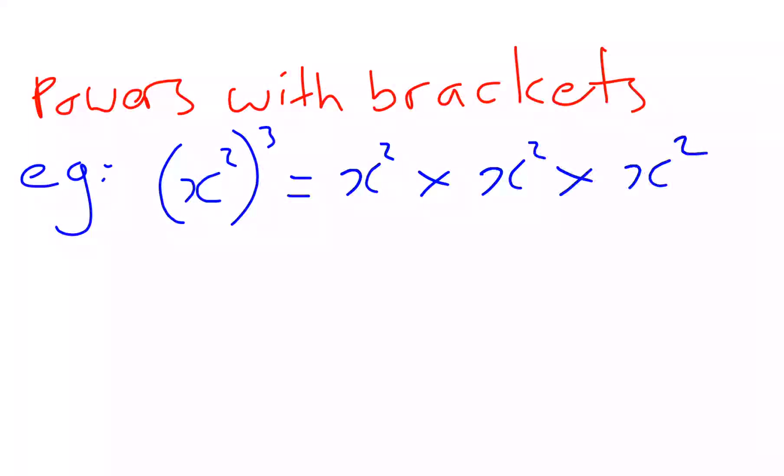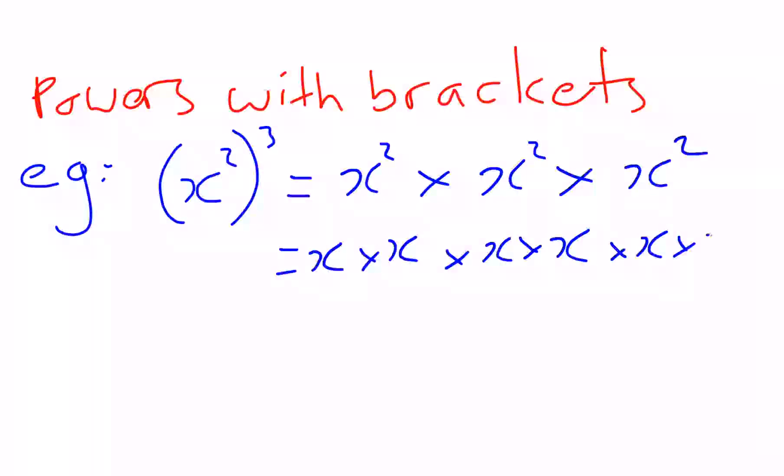Now, if I expanded out those x squareds, which I am allowed to do, that's x times x is my first x squared, times x, that's my second x squared, times x, that's my third x squared. And you can see this is just an expanded form, x times x times x times x times x times x.